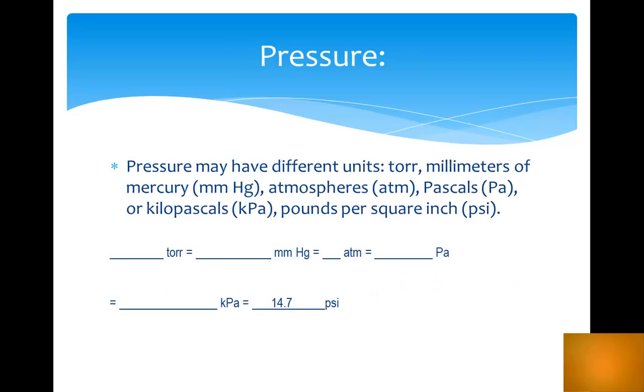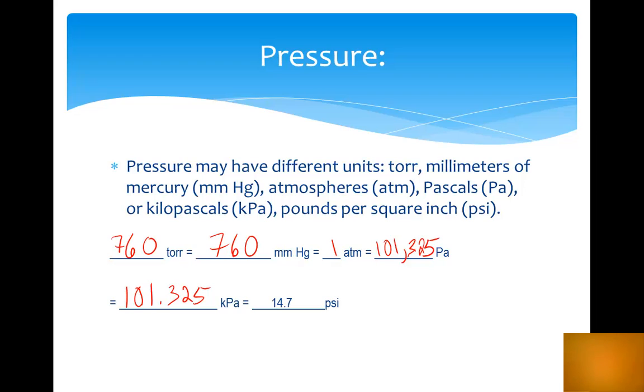You need to know that pressure has many different units: torr, millimeters of mercury, atmospheres, pascals, kilopascals, and pounds per square inch. 760 torr is equal to 760 millimeters of mercury, which is all equal to 1 atmosphere, equal to 101,325 pascals, which is 101.325 kilopascals.